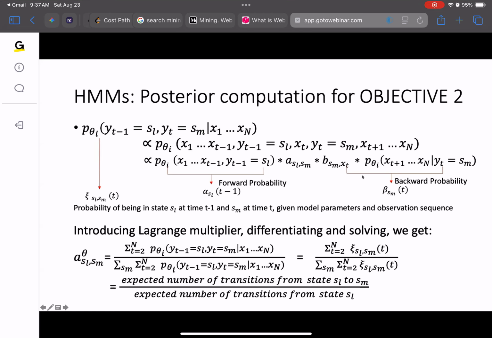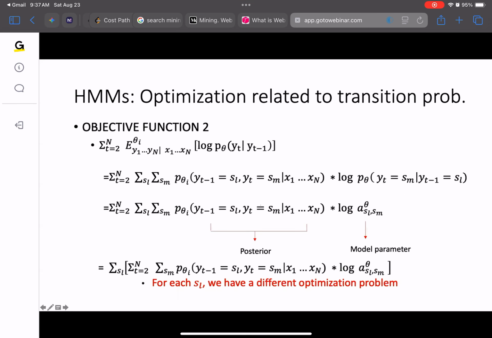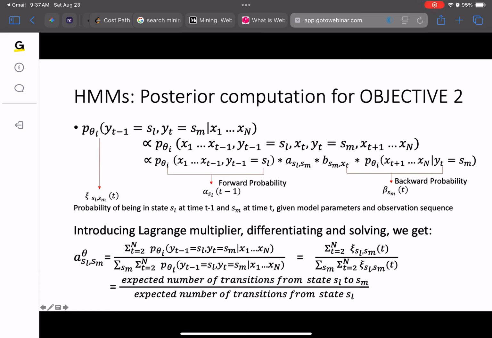We arrive at this equation, and similarly, we normalize it, go back and substitute this posterior in this expression, introduce the Lagrange multiplier, and differentiating and solving it, we get this particular estimate, which indicates the expected number of transitions from state SL to SM divided by the expected number of transitions from state SL.